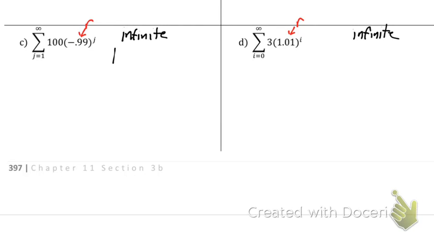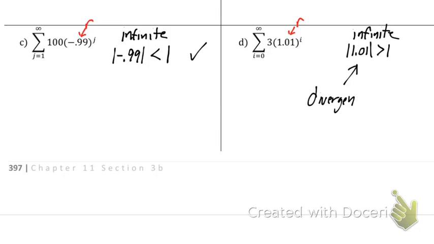So I'm going to say absolute value of -0.99. Well, that is definitely less than 1. Well, barely, but it is. So we're okay to find the sum. Our other one, though, is 1.01, which is greater than 1, which means it is divergent. And we can't find the sum. Can't find our infinite sum.